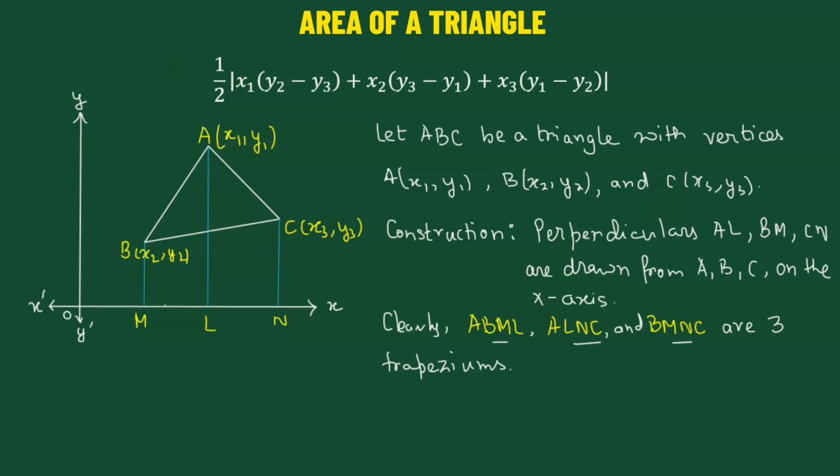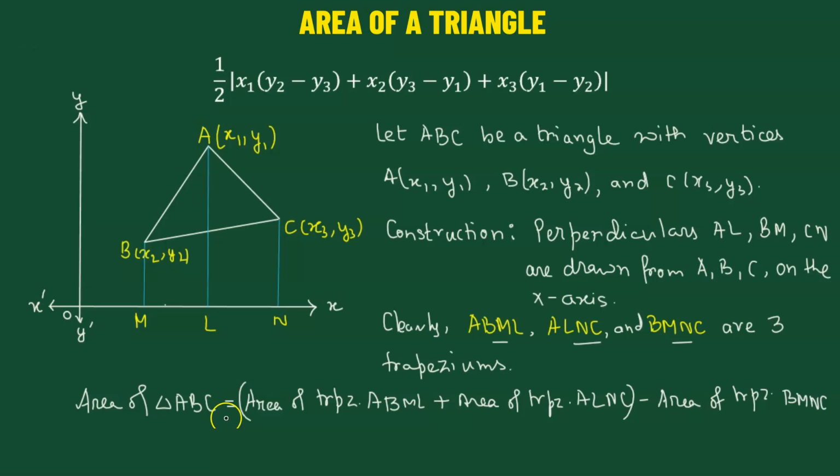So let's write it down. The area of triangle ABC equals the area of trapezium ABML added to the area of trapezium ALNC, and from the combined area we subtract the area of the trapezium BMNC.